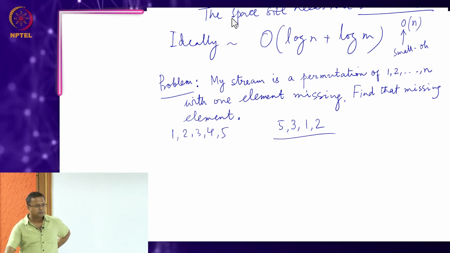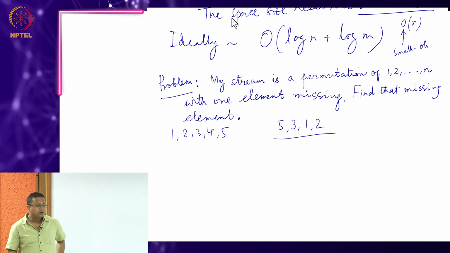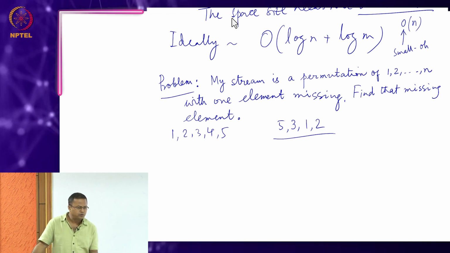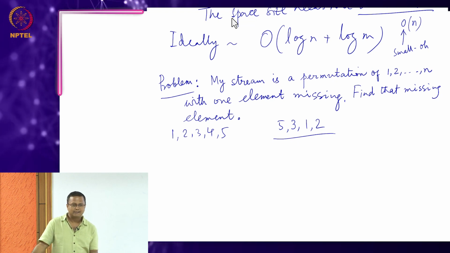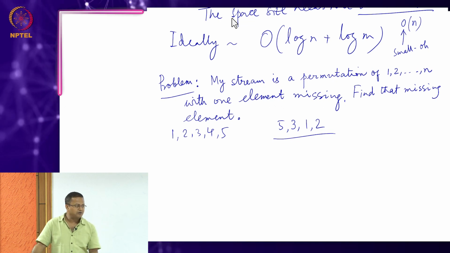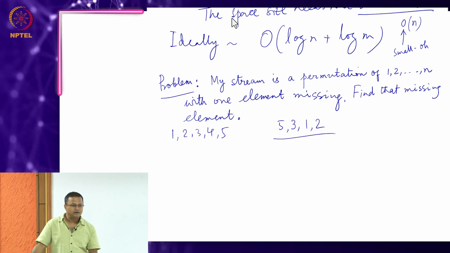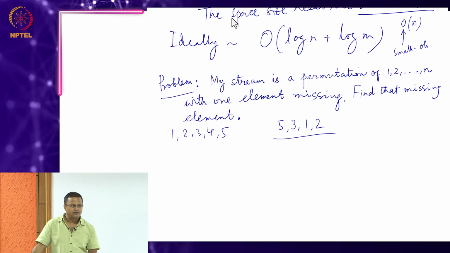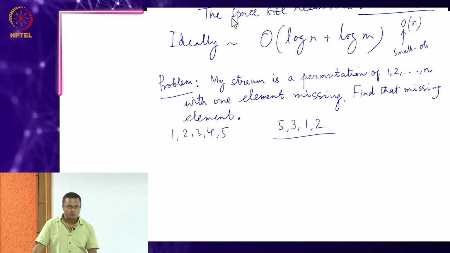It is n into n plus 1 by 2, you write an equation from 1 to n. In the RAM model it is very easy: calculate the sum and subtract it from the sum of 1 to n. Okay, that is a nice idea, but how do I do it in streaming?